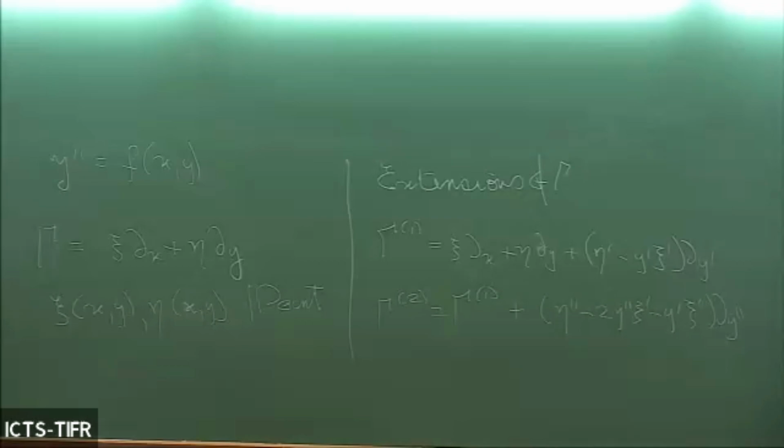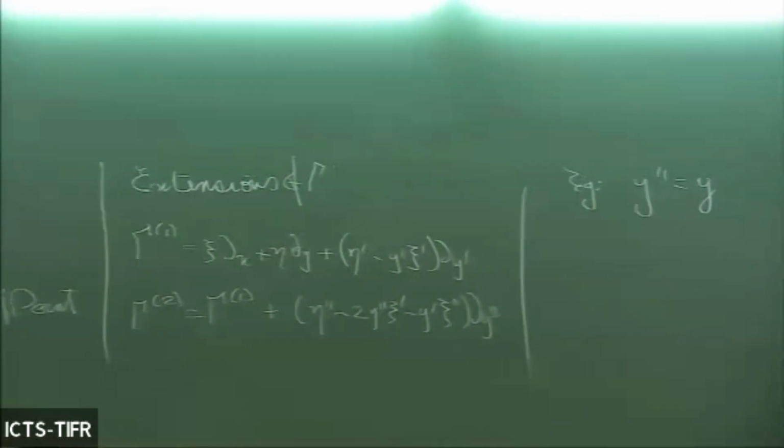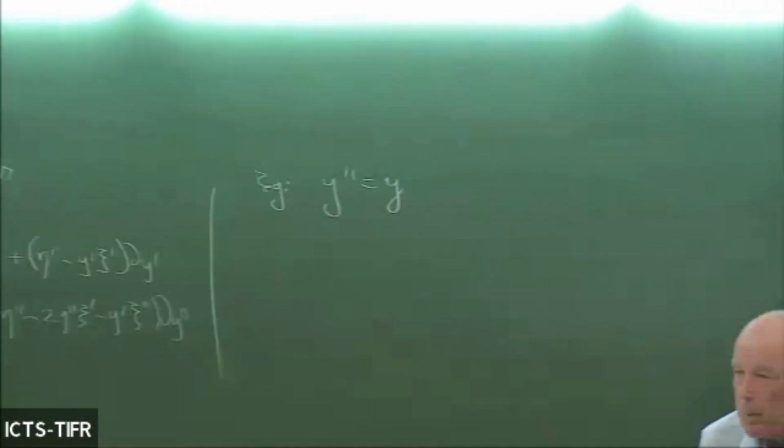Now, you look at, well, let's not have such a complicated equation. We'll take the example, a fairly straightforward equation. You can solve it quite easily, but we're interested in doing it the hard way.